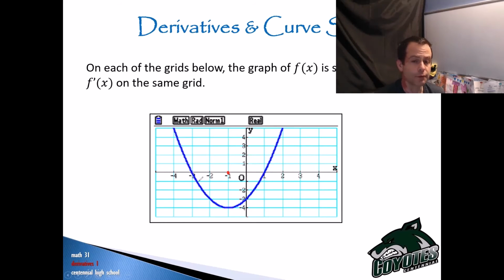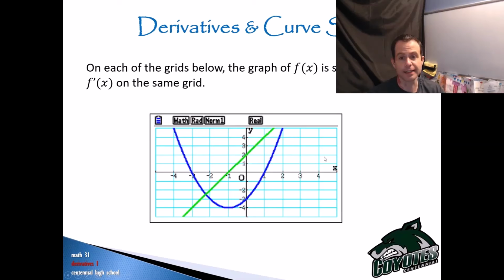Well, we said that when the original is descending, my derivative has to be negative. So that means I'm going to need to be going in that direction. Okay, and then when I'm ascending, my derivative has to be positive. So my derivative graph should look something like that.